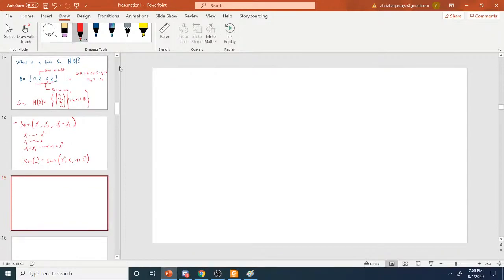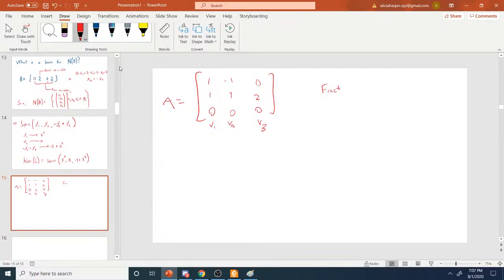Suppose we have a matrix like 1, 1, 0, -1, 1, 0, and then 2, 0, 0. So call this matrix A. Then we can denote the column vectors here by v1, v2, and v3. And here's a key fact.